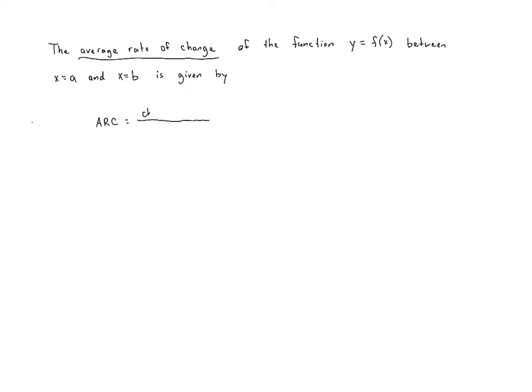Now it's going to be the change in y values divided by the change in x values. And remember, the y values are the function values, so this is going to be f of b minus f of a over b minus a.